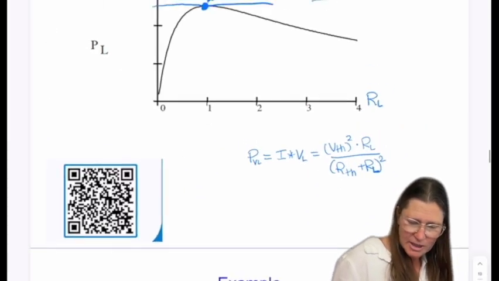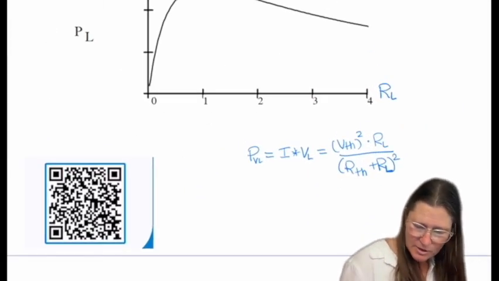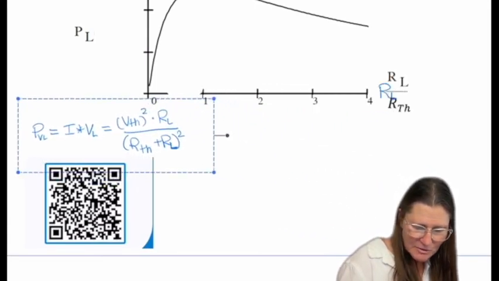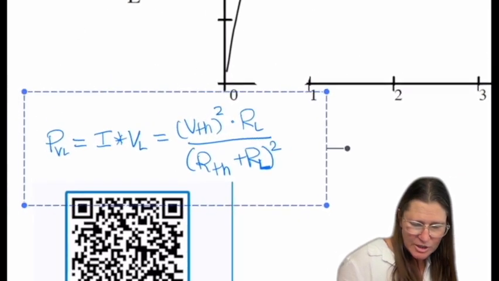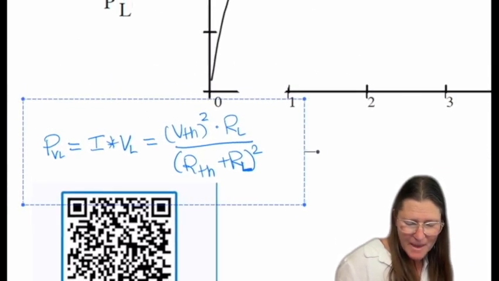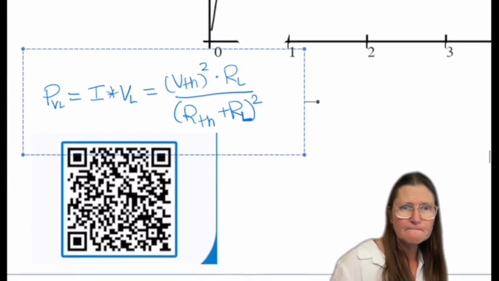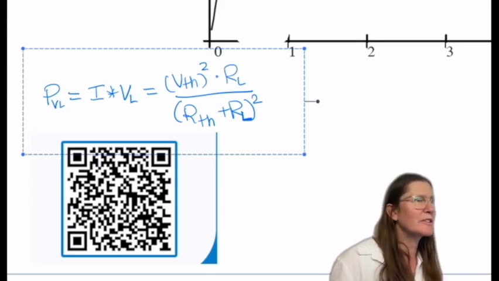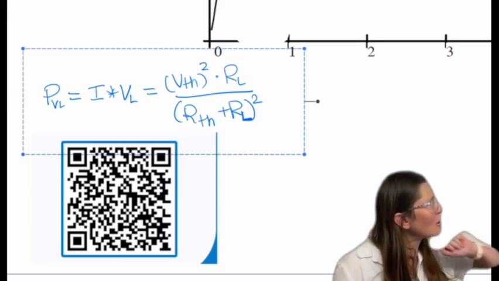This is how I want to find a maximum. Go ahead and take a second to mathematically find this. Put the equation over here. You're going to take the derivative with respect to RL, set it equal to 0, and then solve for RL in terms of VTH and RTH.